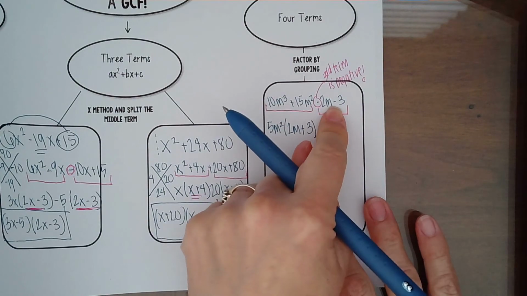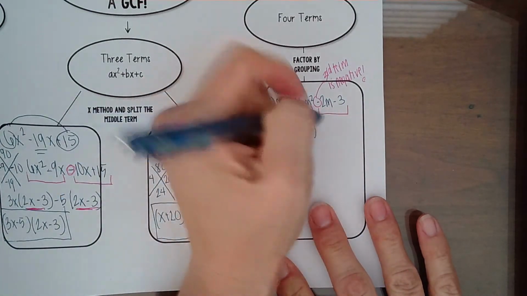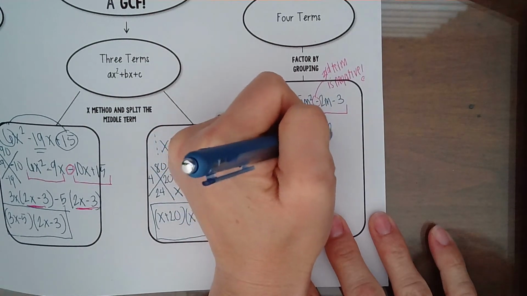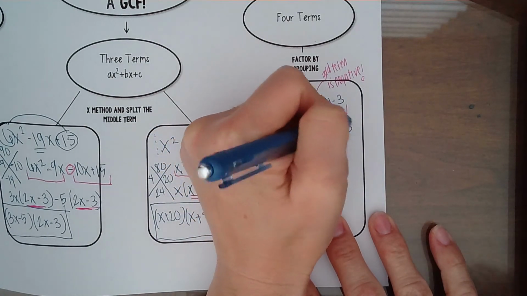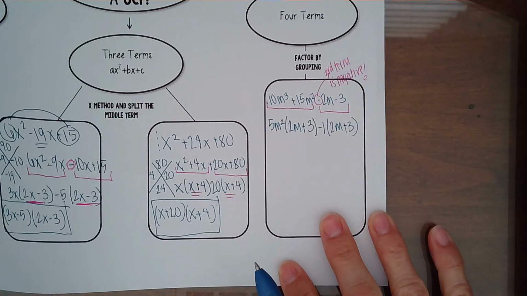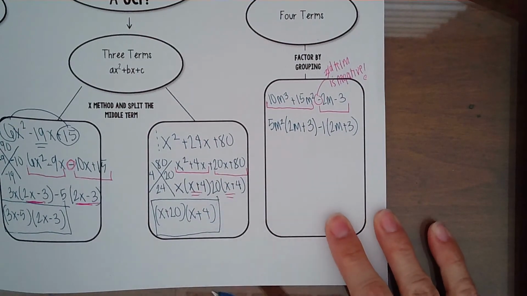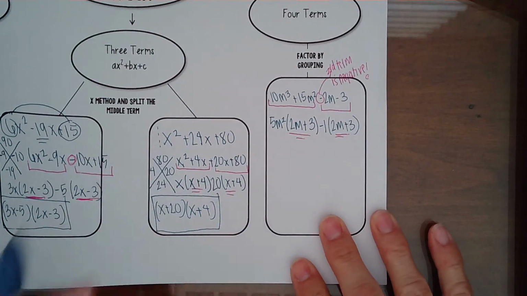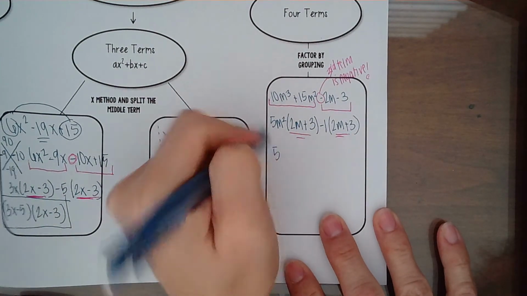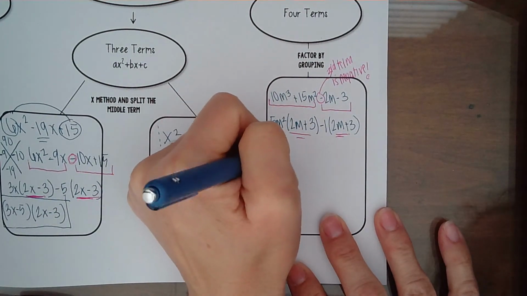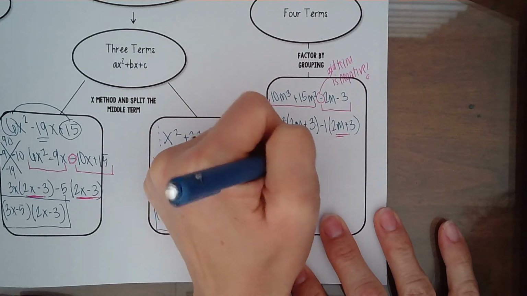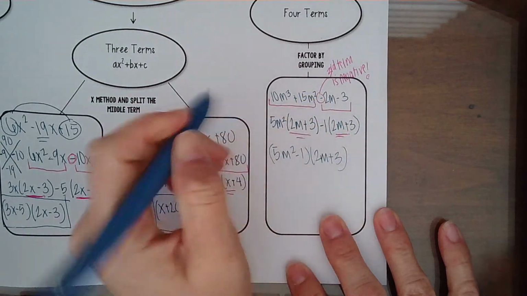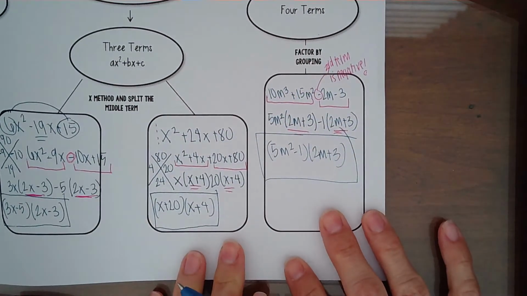And then here, there's nothing that these really go into, so I'm going to divide out a negative 1, and I'm going to have 2m plus 3. The only thing that changes is the signs. And lo and behold, I have matchy-matchy parentheses, and that's exactly what I wanted. So my answer is going to be 5m squared minus 1 times 2m plus 3.